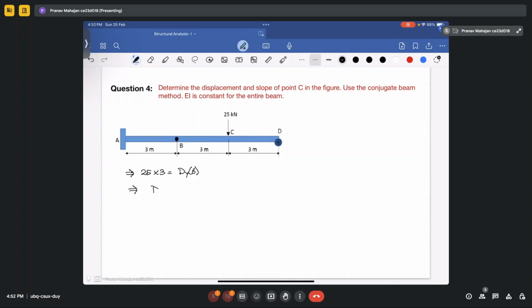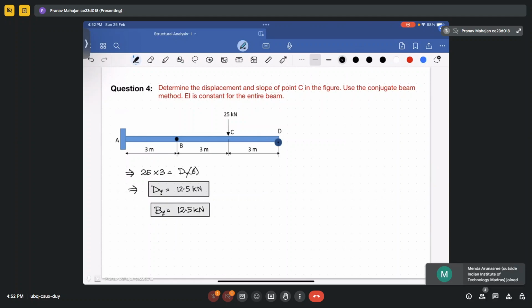From this, you will get Dy equal to 12.5 kilonewton. So if your Dy is 12.5 kilonewton, your By will also come to be 12.5 kilonewton. So it is like you have a BD beam having a load of 25 kilonewton applied. It will give you two reactions of 12.5 each.